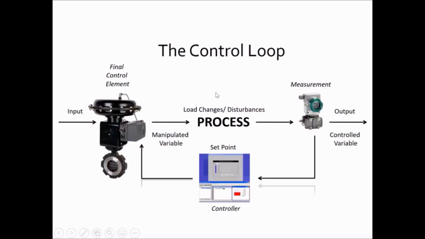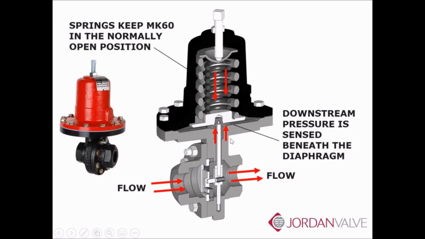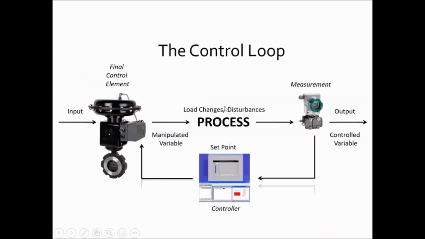If we look at control valves, on the other hand, pressure regulators are set it and forget it. There's no 4 to 20, no PLC, nothing that connects to it. If we look at the control loop, with control valves we have pressure transmitters, or flow meters, or level devices that are measuring whatever we want to control.